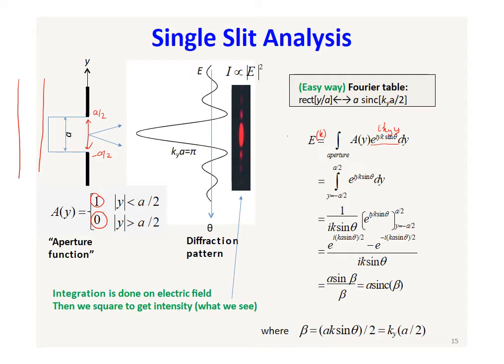So our aperture only has a finite value between minus a on 2 and a on 2, and a is equal to 1. So this is a fairly straightforward integral to carry out. We arrive down here and we use Euler's theorem to simplify it, and we get this expression for our electric field, down here.